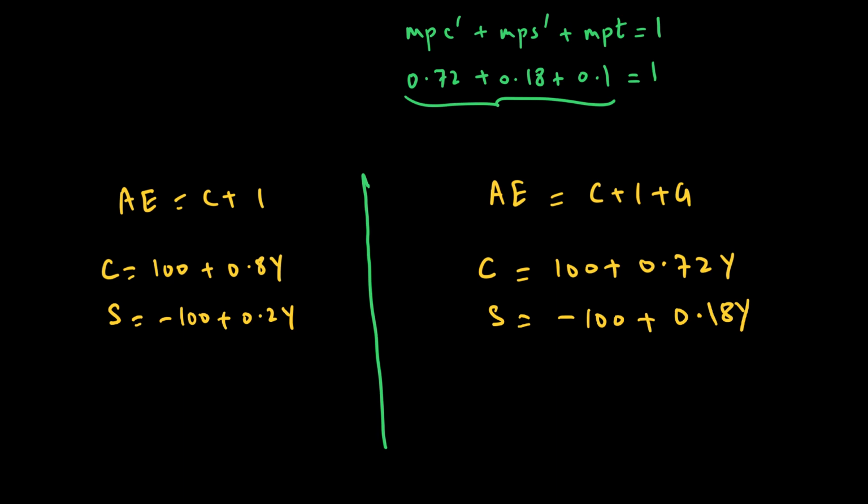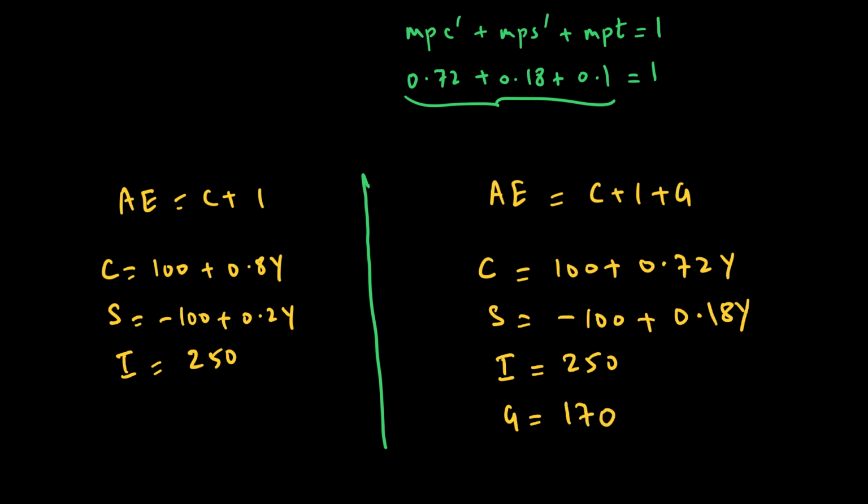Similarly, I have investment which is still 250, so I'm going to have the same investment here now, which is 250. My government expenditure I'm taking as 170, which is not to be found in the two sector, but in the three sector I have government expenditure of 170.